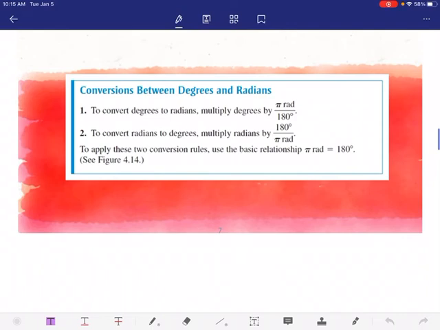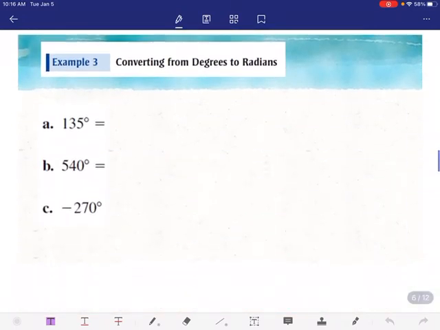We need whatever we have to be on the bottom. So if I have degrees, I want to multiply by pi radians over 180. If I have radians, I want to multiply by 180 over pi. And the relationship that we're using is that pi radians equals 180 degrees.